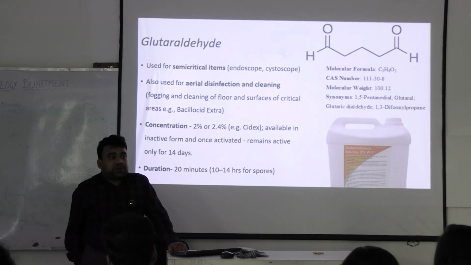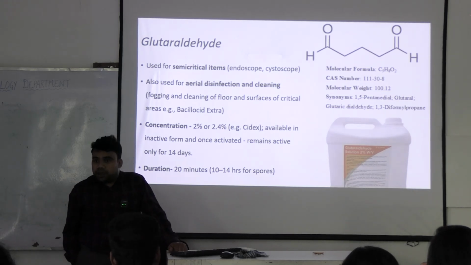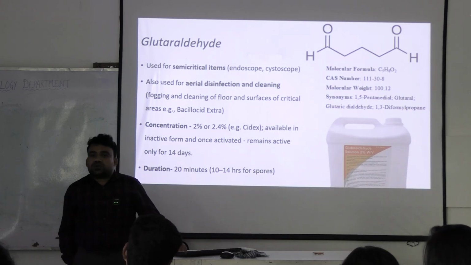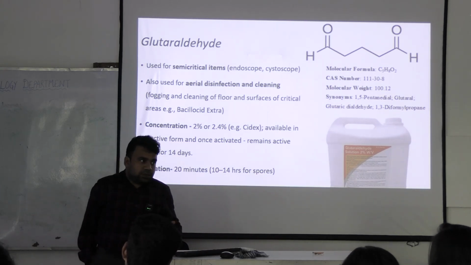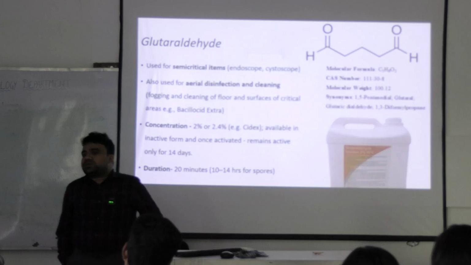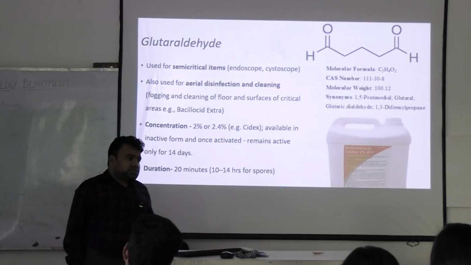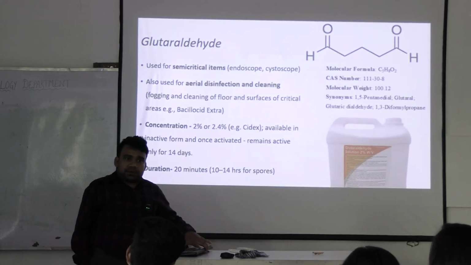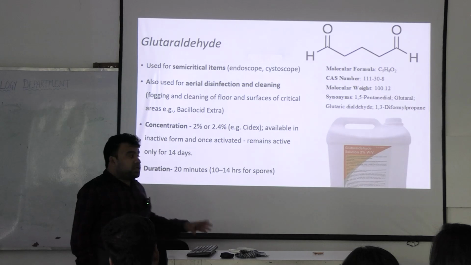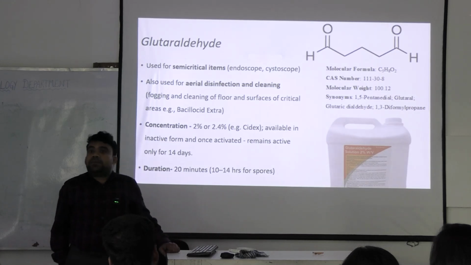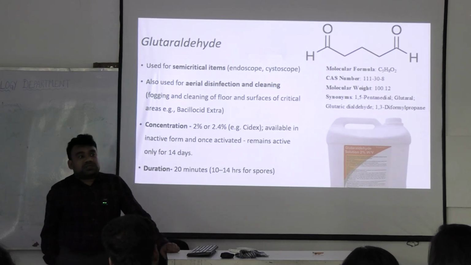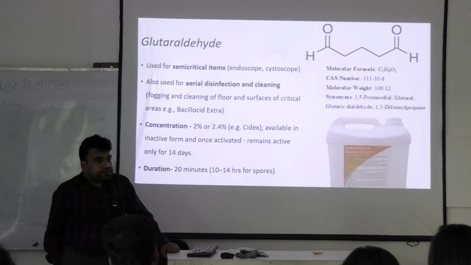Yes, we need a higher concentration and a longer contact time. But when we are using endoscopes, we are not expecting spores. The mucous membranes of the human body, for example the gastrointestinal tract, have bacteria, but not spores. So for that, 20 minutes is sufficient. But please remember, 20 minutes is the minimum contact period.